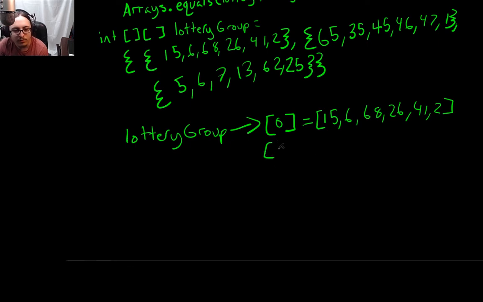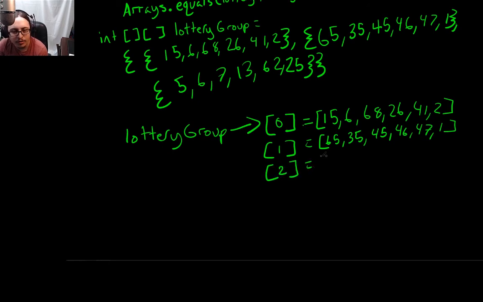And then you have position 1, which is 65, 35, 45, 46, 47, 1. And then at position 2, you would have 5, 6, 7, 13, 62, and 25.